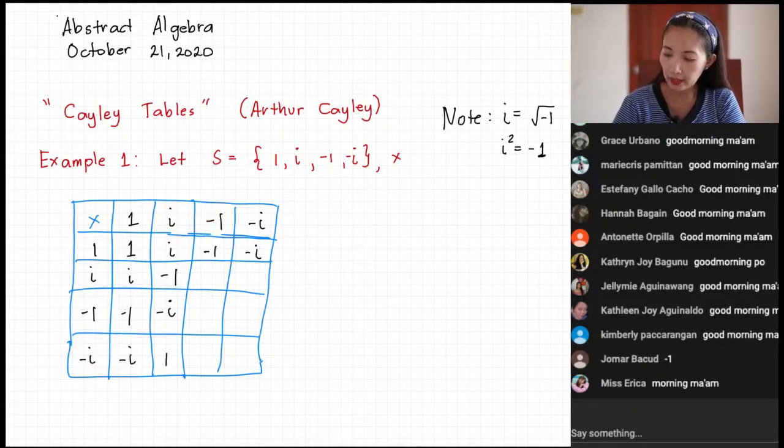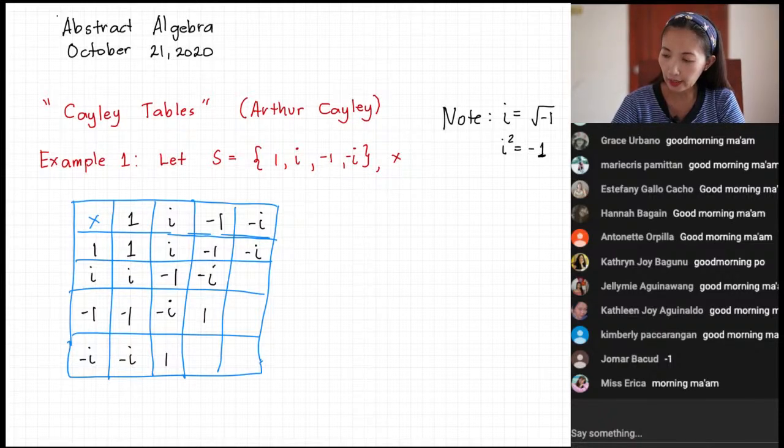Next, we proceed to the next. I times negative 1 is negative i. Next, negative 1 times negative 1 is positive 1.